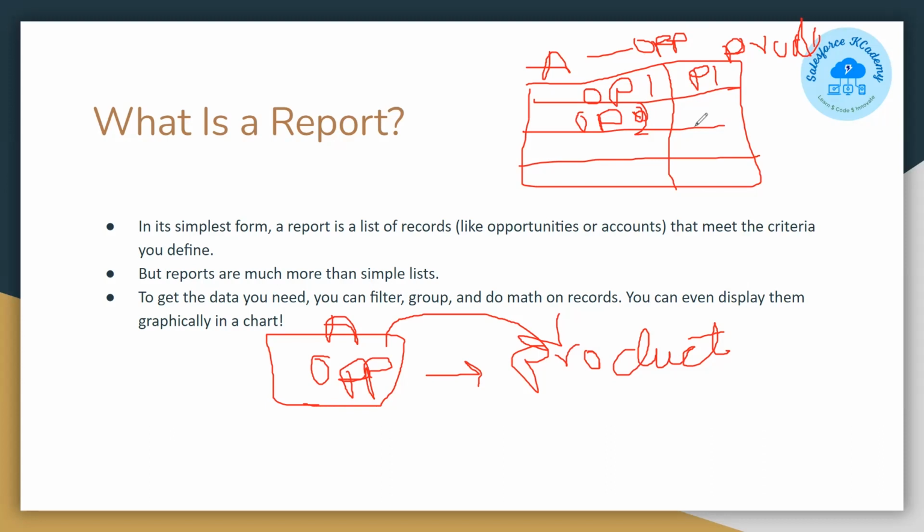There will be certain criteria, and when we deal with opportunities, we'll come to know. So there is no product associated with that; there is some kind of service related to that opportunity.